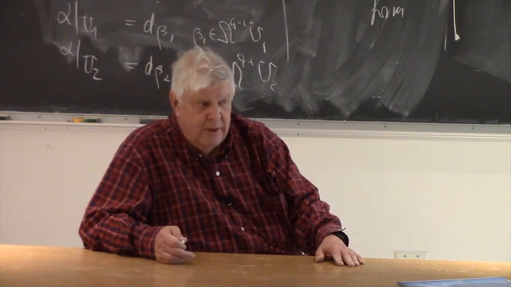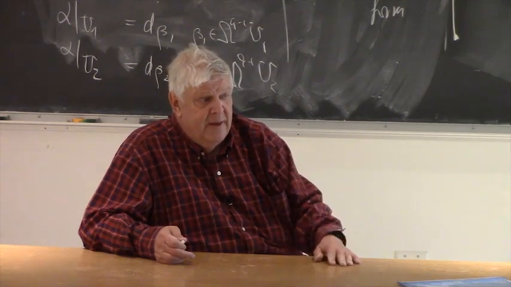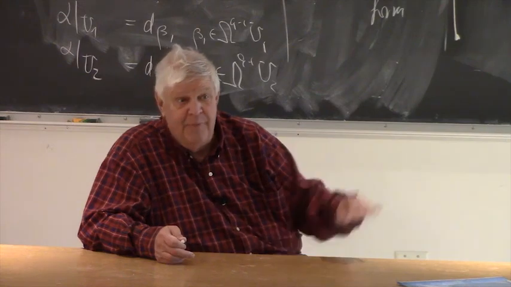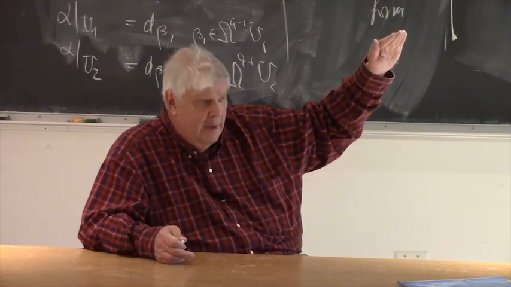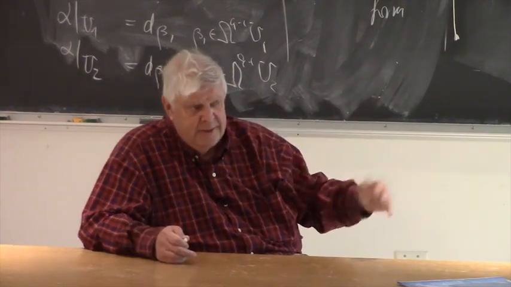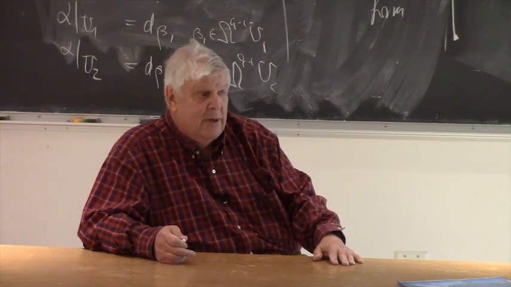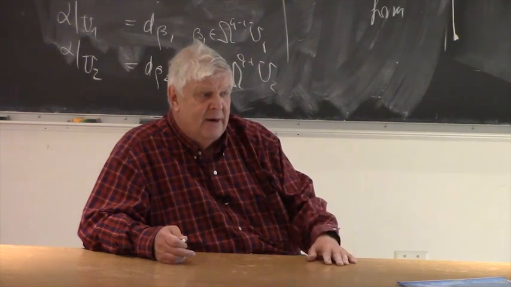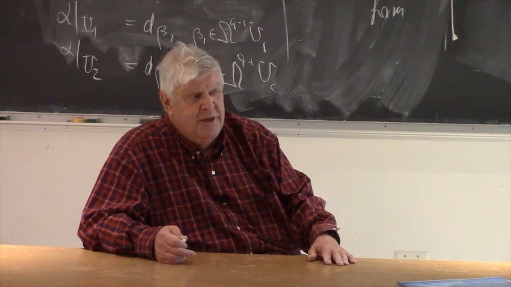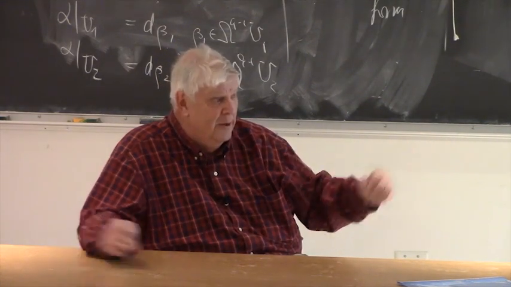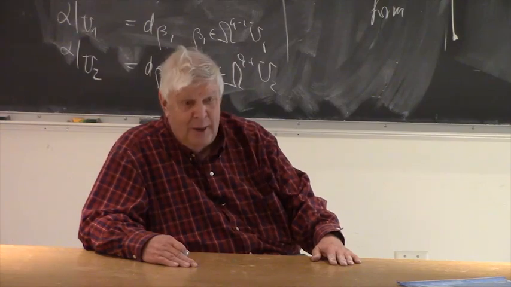It is true if the degree of this form, q minus 1, definitely lies between 0 and n minus 1, because q is between 1 and n. But there should be some additional arguments in the boundary cases when q minus 1 is 0 or n minus 1.